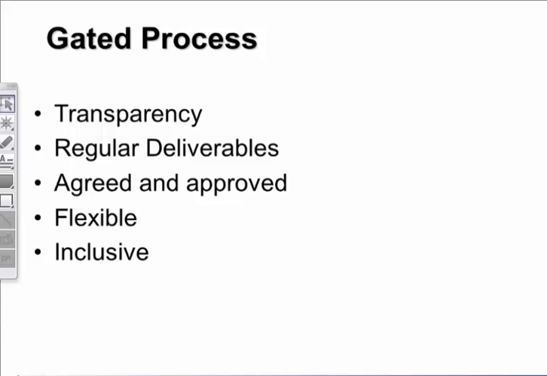So we have the deliverables, which are very important to the gated process because they act as milestones, and the milestones are a process that needs to be delivered and also shown to be delivered to the team members and the stakeholders.